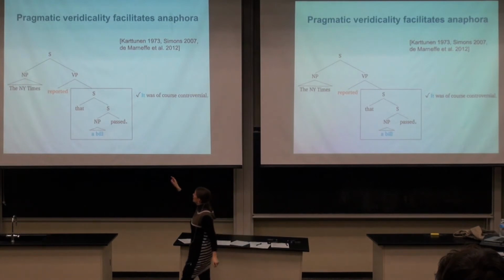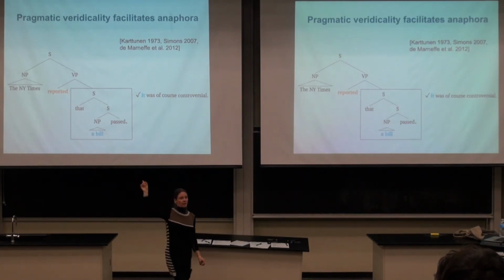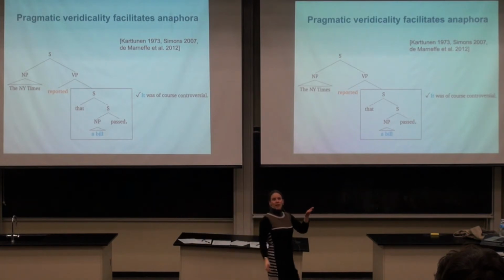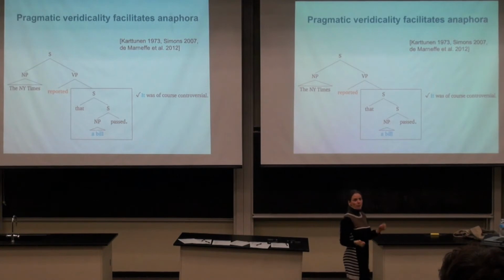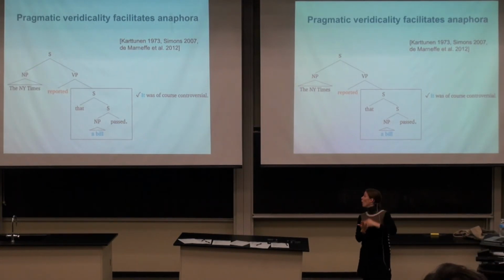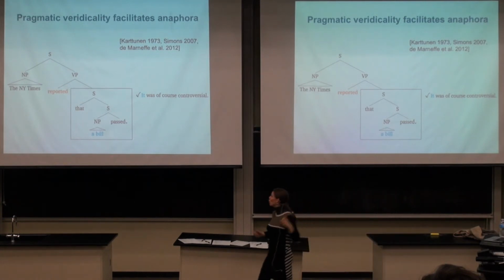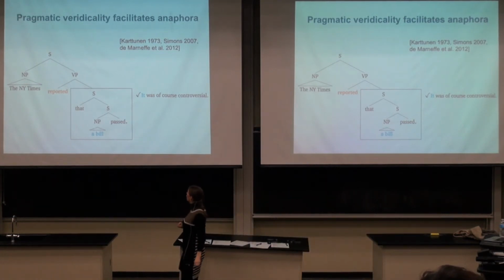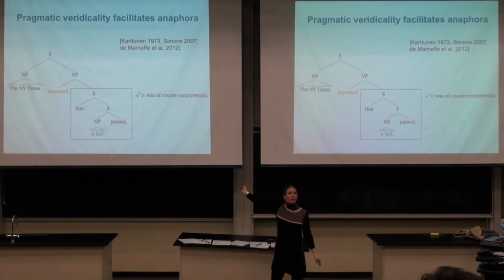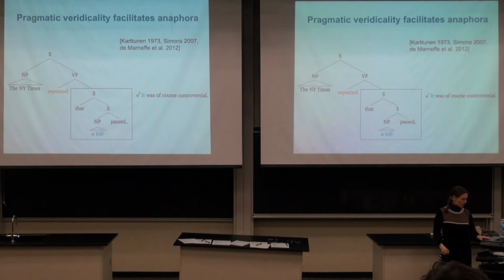But what happens here is that the nature of this verb, in conjunction with the subject, makes the inference that the complement passed true, more likely. And this is what's going to enable a bill to exist at the text level outside the scope of this report verb and be picked up by pronouns later in the sentence.